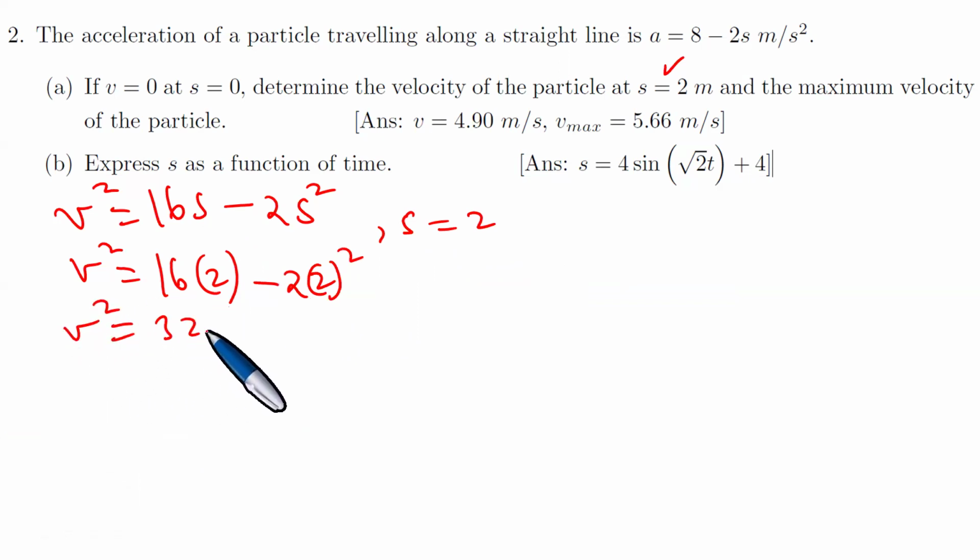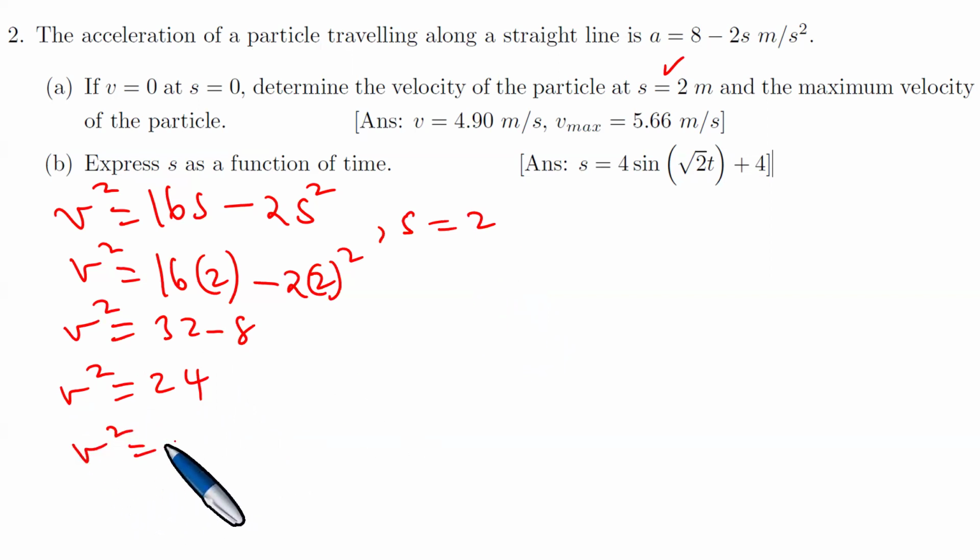Sixteen by 2 is 32, minus 2 by 4 is 8. So v squared is 32 minus 8. If we subtract 8 from 32, we get 24. And with that, we have v squared equals 24.